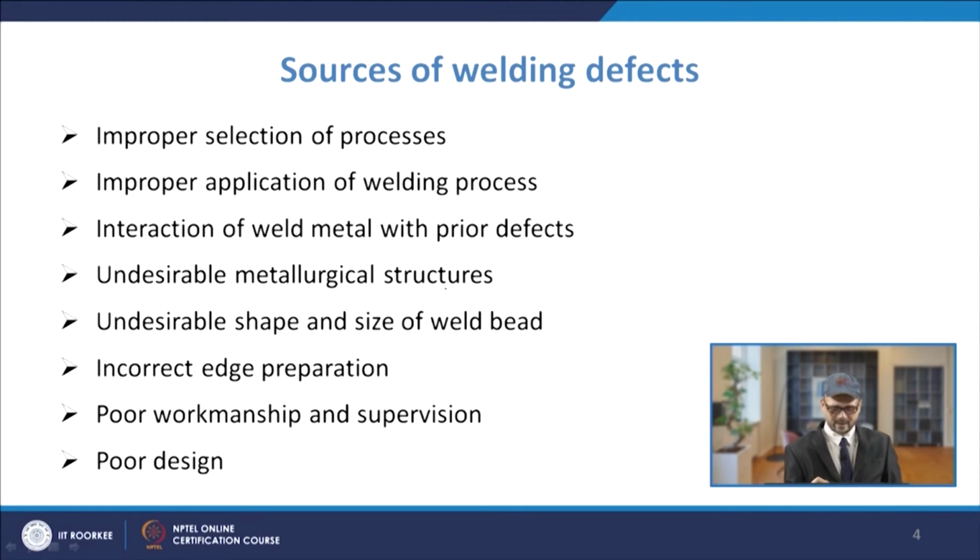Then you have undesirable metallurgical structures. Now, that is related to the grain size and hardness, because many times you have undesirable metallurgical structures with respect to the grain sizes. Suppose you wanted a certain grain size, and the grain size is coarsened.